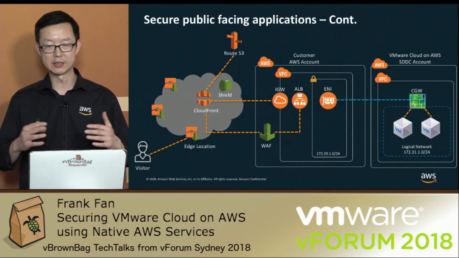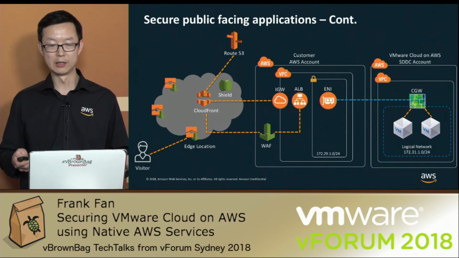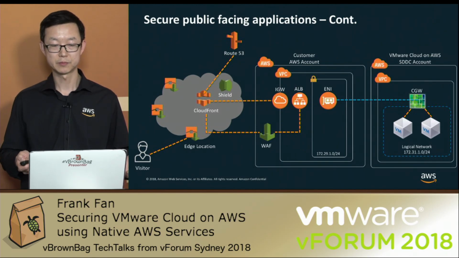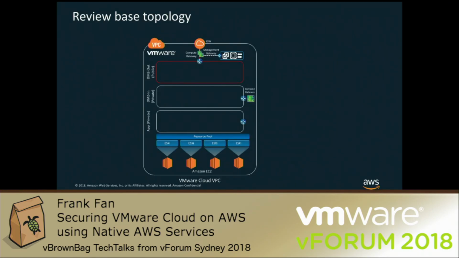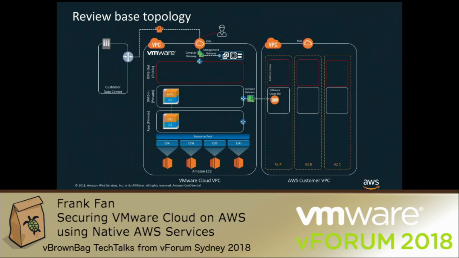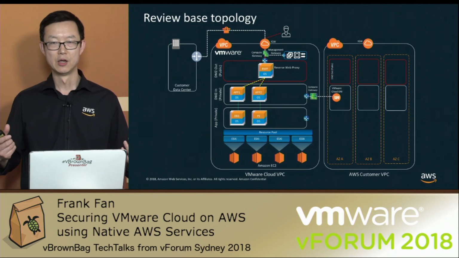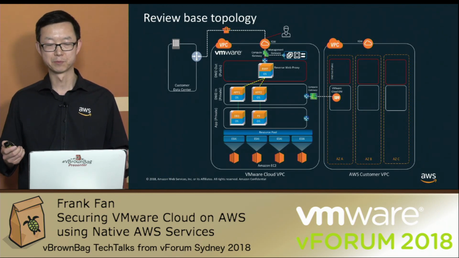Let's put everything together and take a look at the big picture. If we take a step back and start with where we started from, this is a multi-tier application already deployed into VMware Cloud on AWS. Three tiers: front end, middle tier as application, and back end, where you use a shared server to host the data set.